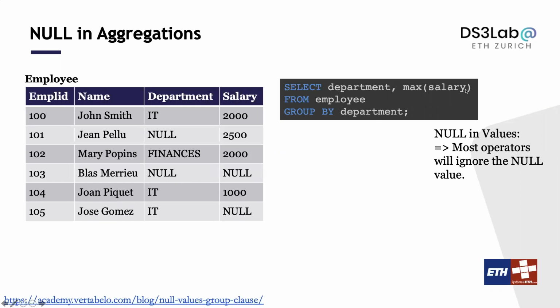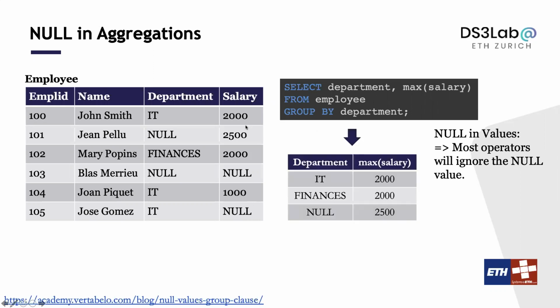If you look at the IT group, I have IT 2000, IT 1000, IT null. Most of the aggregation operators, when you aggregate 2000, 1000, null, are going to just ignore the null. It's going to give you 2000.